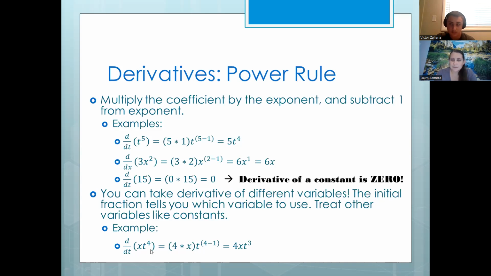Possibly. It's implicit differentiation, isn't it? You would have to state explicitly what x is, like an equation, x equals something. So in that case it'd be x equals xt to the 4th, which you can simplify.